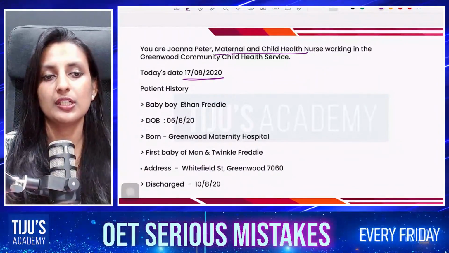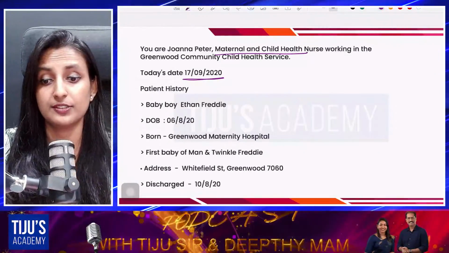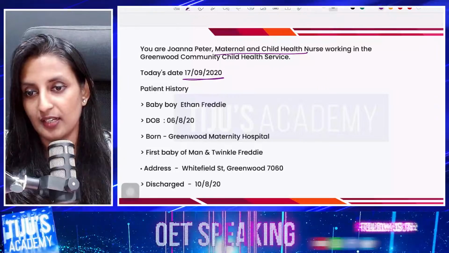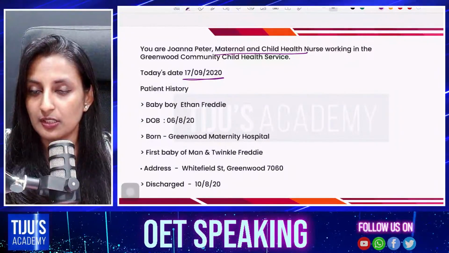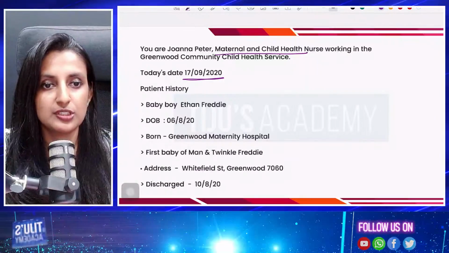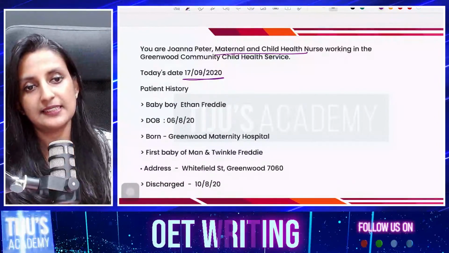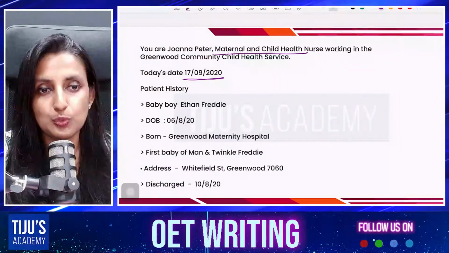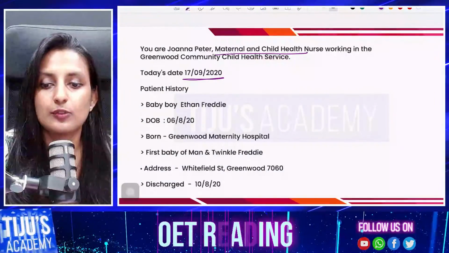And when it comes to the patient history, it is a baby boy and his name is Aiden Freddy. Hi Nishna, Surya, Rajiv. Good evening and welcome to the session. So the patient history says the name of the baby is Aiden Freddy, and his date of birth is 6th August 2020.